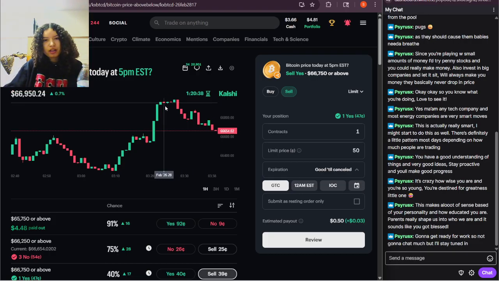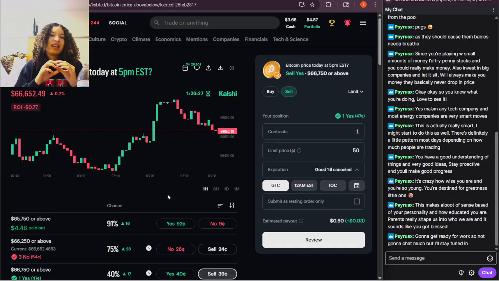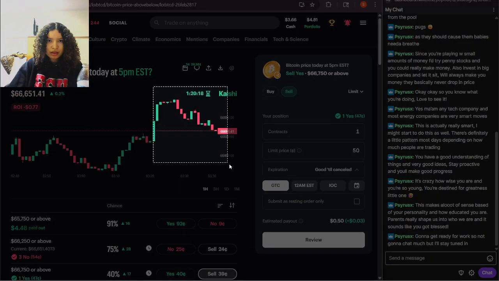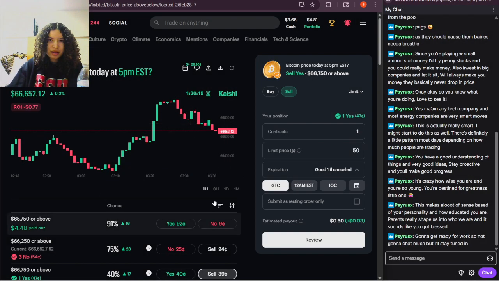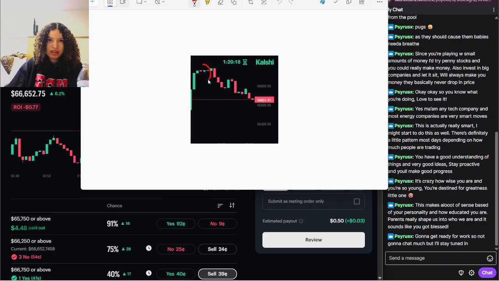I feel like I notice these little tiny candles before something major happens. Like it stagnates for a second and then it's like boom. I've noticed that a couple times now. I'm gonna add it to my journal. It's always like one of these up and down candles.